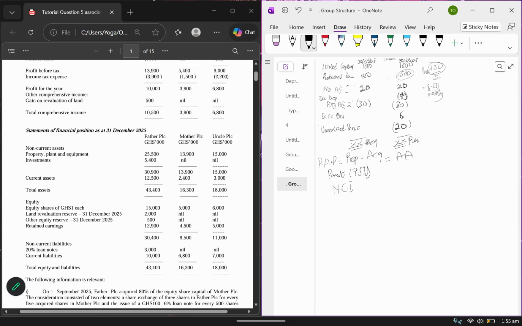And the portion that the parent was not able to acquire, that's the 25%, okay, will be the NCI. We already know that. So the parent's portion will be calculated on this post-acquisition profit. So this PAP for the year, assuming that one is 200, okay, the parent will have 75% of this 200, and then the NCI will be given the remaining 25% of the 200.